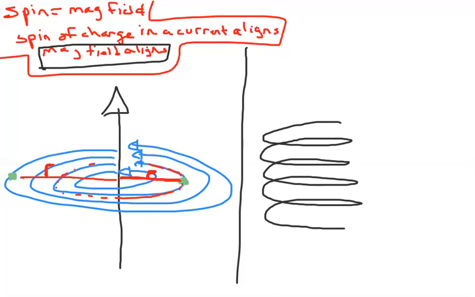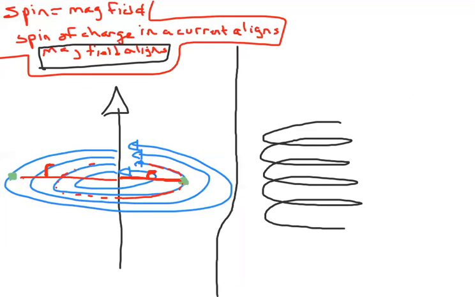Again, we know the right-hand rule. We want to use the right-hand rule to see how the magnetic field is circulating around this solenoid.